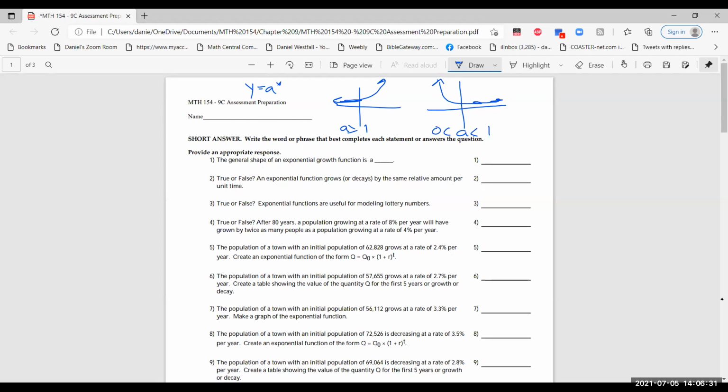Don't include 0 because 0 to any power would be 0. Don't include 1 because 1 to any power would be 1, and those would be horizontal lines and not these curves with these shapes. Okay.